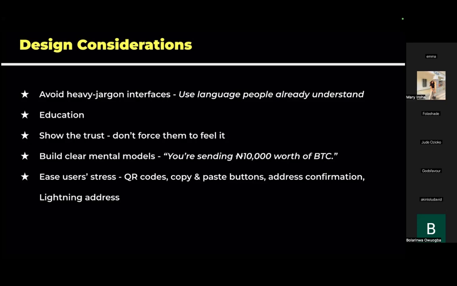And then I'm entering the amount and I'm just seeing 15,000 sats. Okay, but is that 15,000 sats up to the 10,000 I'm trying to send? Make it make sense to me. Am I sure it is more than or less than? If it is less than, then I send it. I'm paying for fee, right? The stress, the fee, what happens? So we have to use language that people already understand.